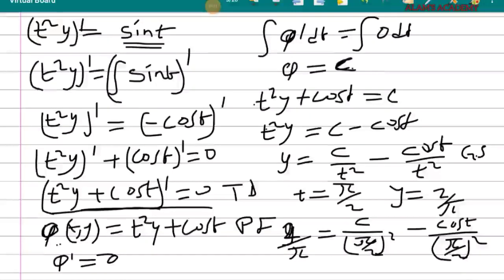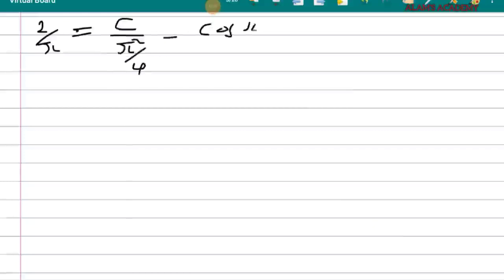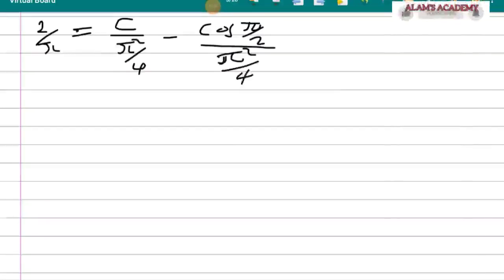This can further be elaborated as y, which is 2 over pi, equal to c over pi squared over 4, minus cos pi over 2 over pi squared over 4. So this is pi squared over 4, because we are sending the square inside.